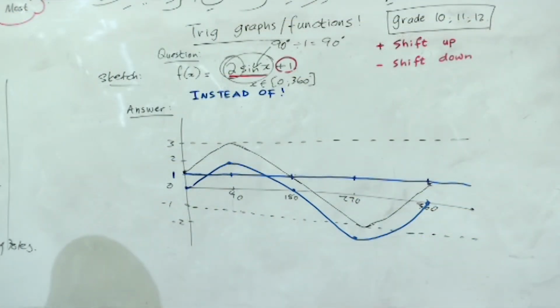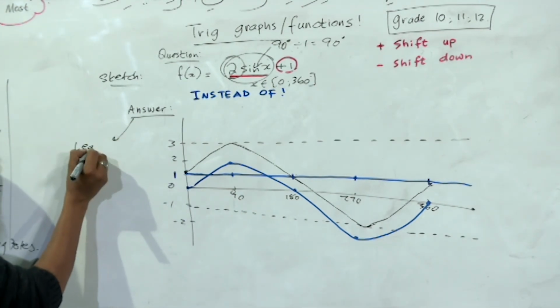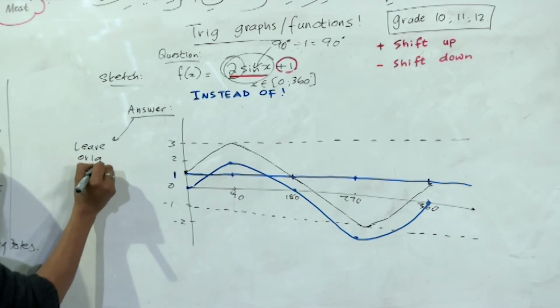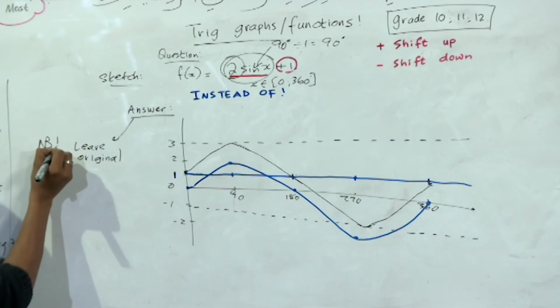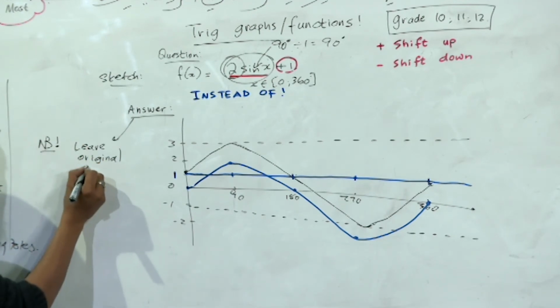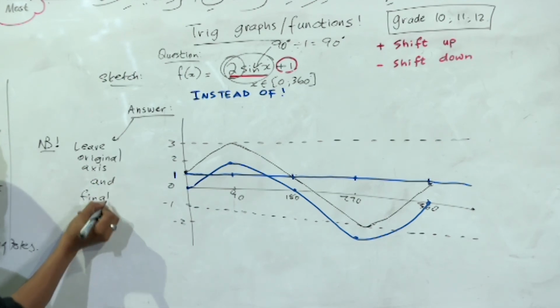Now you may ask the question, is that my final answer? Is that the way I leave it? Obviously no. This is important, please make a note of this: leave the original axis and your final graph.